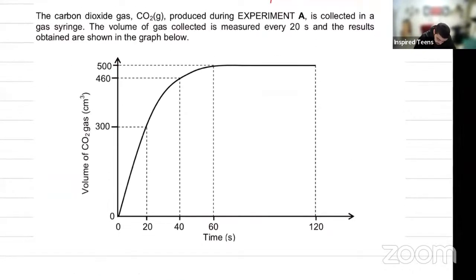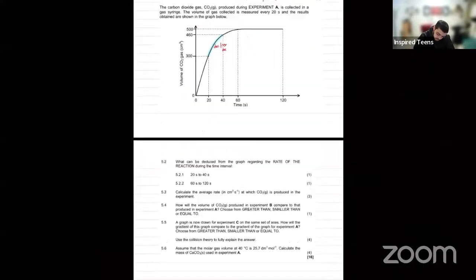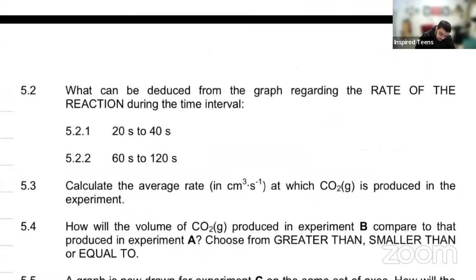If you remember from those graphs that we discussed, this type of gradient is a decreasing gradient, which means that the rate of the reaction is decreasing. So what can be deduced about the rate of the reaction? The rate of the reaction is decreasing.